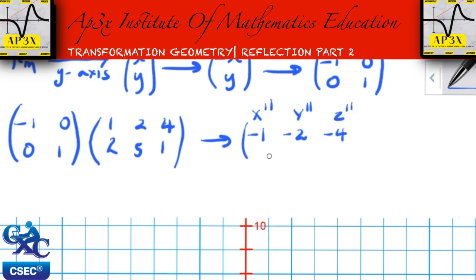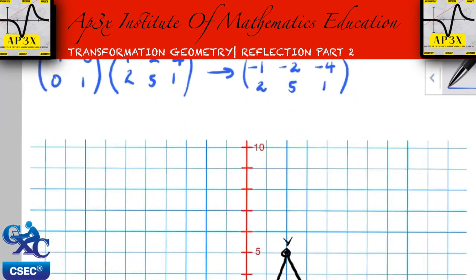So at the bottom we're going to say 1 multiplied by 2 is 2, and 1 multiplied by 5 is 5, and 1 multiplied by 1 is 1. And of course these become the coordinates of my object points here.